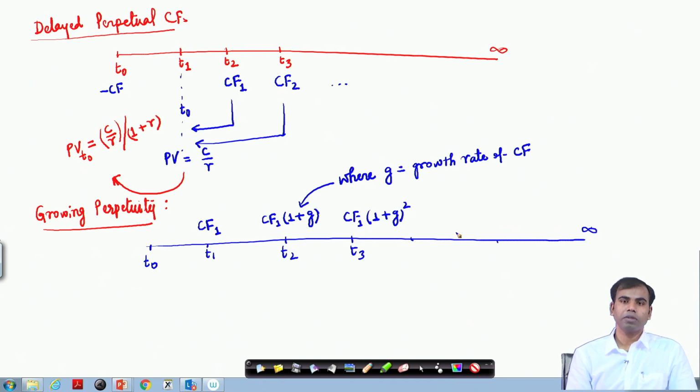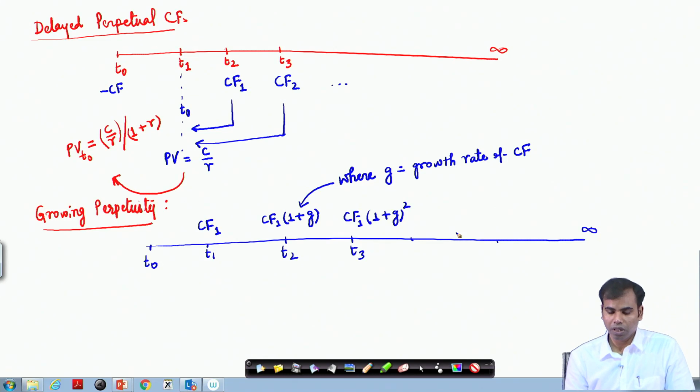This kind of example can be seen in some cases where dividends typically grow given by the companies. As companies make more profit, they start giving more dividends year after year. Similarly, if you have invested some money in some investment avenue, and that investment avenue is growing in base value, that could be return with growth.